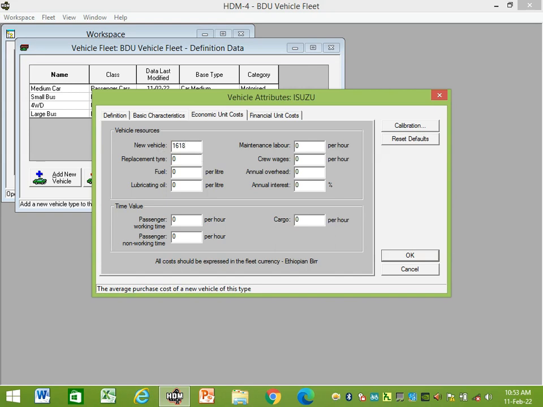Economic is 1,618,500. Tire 8,300. Fuel economic, it is diesel 19.24. Lubricating oil economic 166.